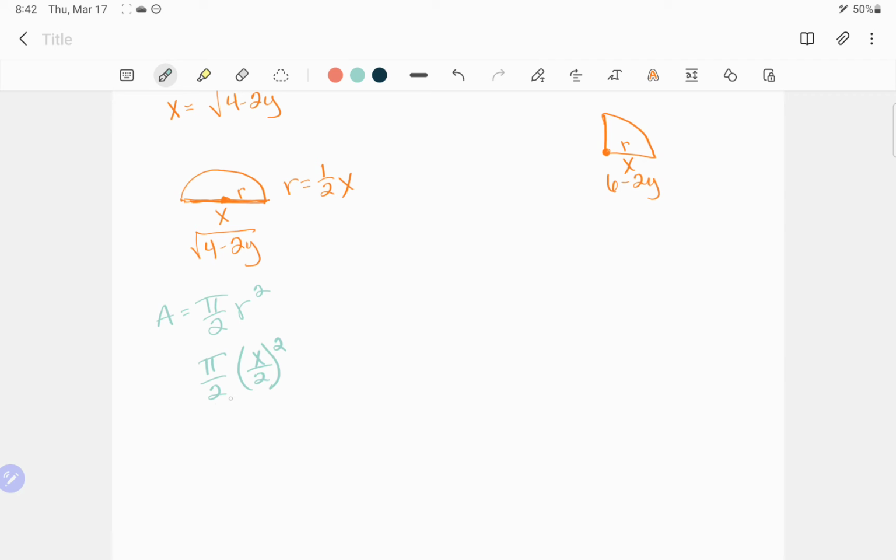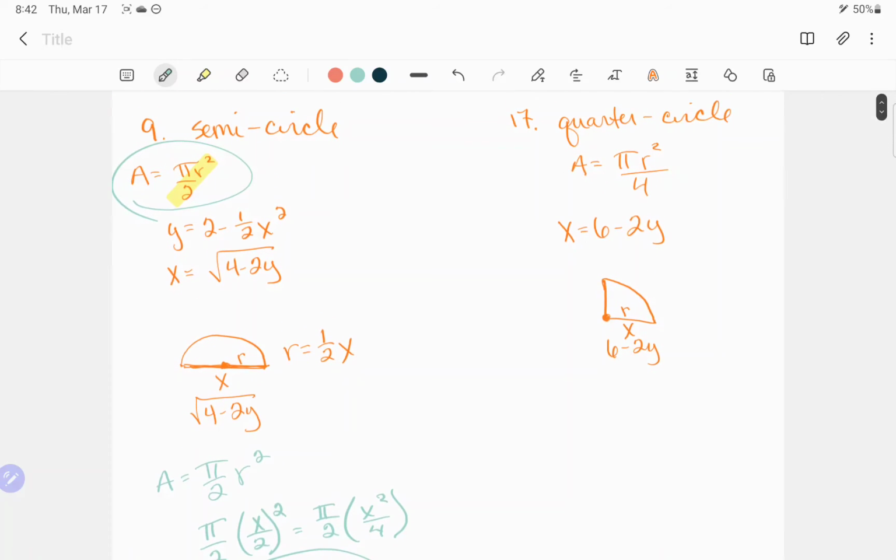And when we simplify this, I've got pi over 2 times, let me rewrite that, x squared over 4, which can be finally simplified. I can go ahead and multiply my denominators, and I have pi over 8 x squared. And so this is my area formula for this piece of the semicircle.